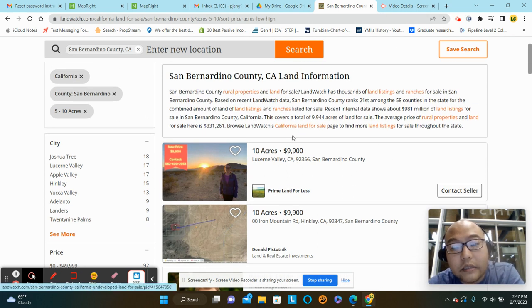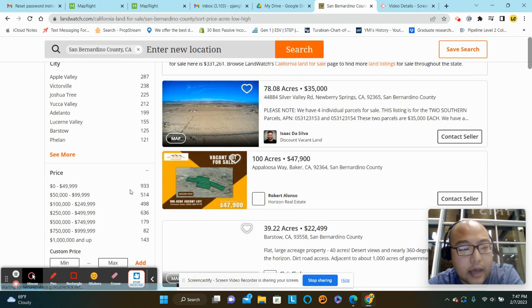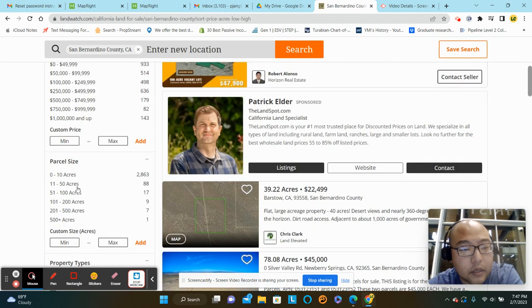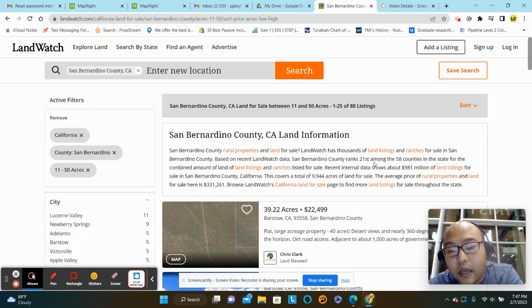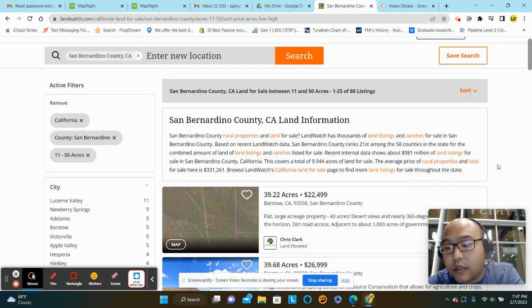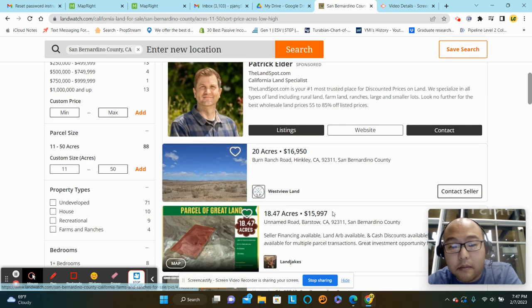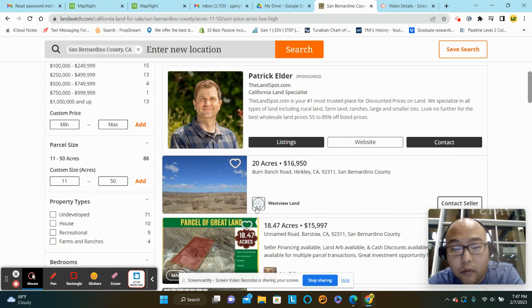So this scales. Your margins start increasing when you go to higher price points. So let's just see over here at a higher price point, let's just say between 11 to 50 acres. We're talking about a couple thousand dollars, but just so you see over here, this is priced low to high, right? So this guy, Chris Clark, is working in San Bernardino. Not just him, we got Westland, right?